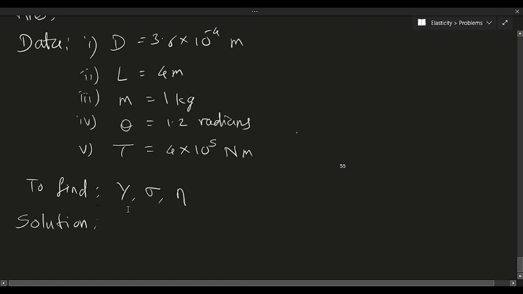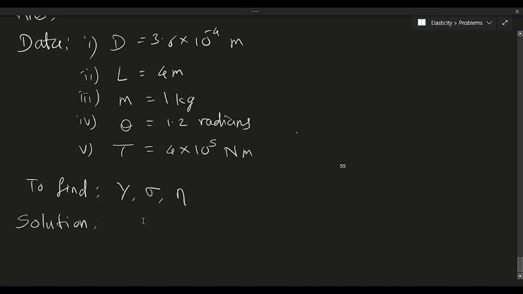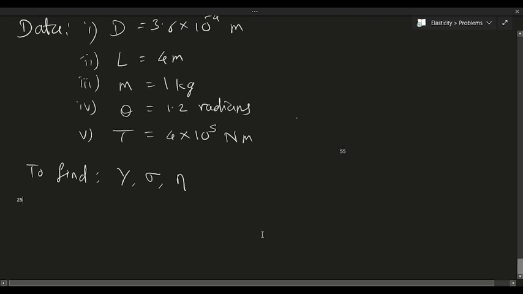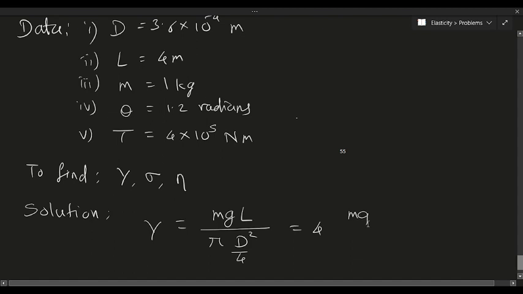We can calculate Young's modulus directly from its definition. We are given all the quantities required for calculation of Young's modulus. Young's modulus is equal to mgL divided by pi d square by 4, that is, 4 mgL divided by pi d square.